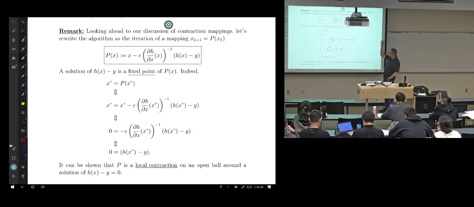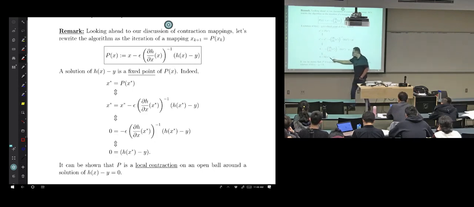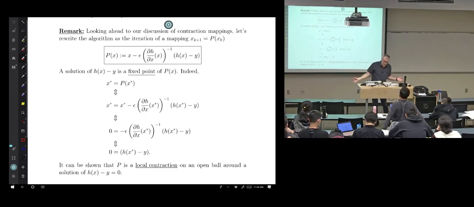And let's just note that fixed points are what we're looking for because I replace p in here. I get rid of the x stars, so I have 0 equals this. This matrix is invertible. Epsilon is not 0, so this thing is 0 if and only if this part is 0, which means I have a solution. So fixed points and solutions of my equation are synonymous.